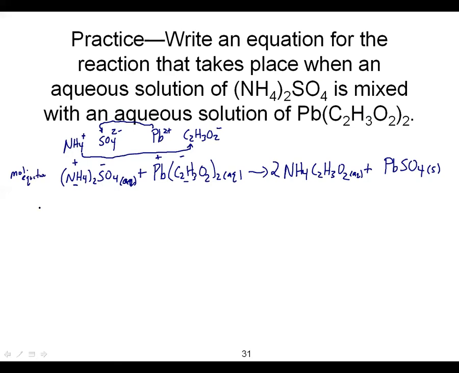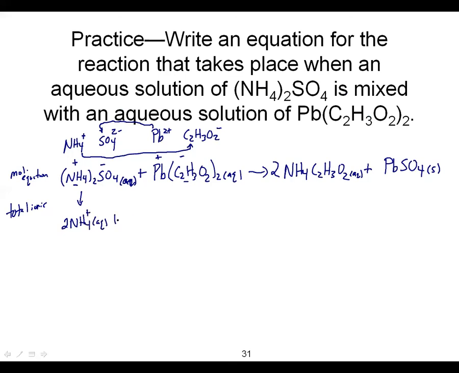We then can write our total ionic equation by breaking apart everything that's aqueous, keeping together, again, things that are solid, liquid, maybe a gas if we come across it. So when we break this guy apart, we get 2 of the NH4 plus. The 2 comes out in front.